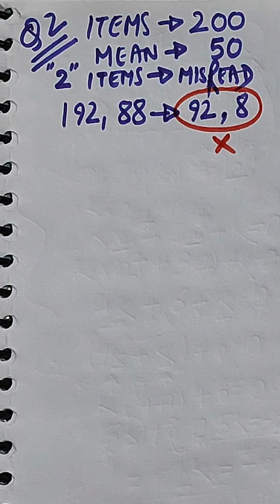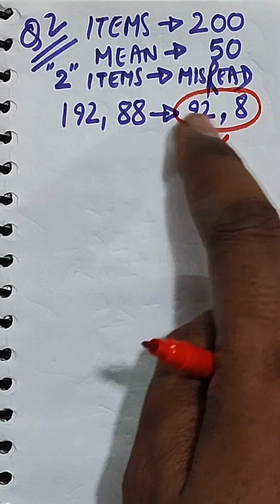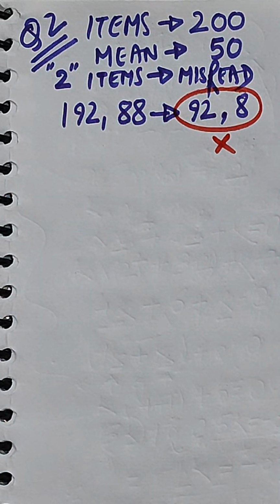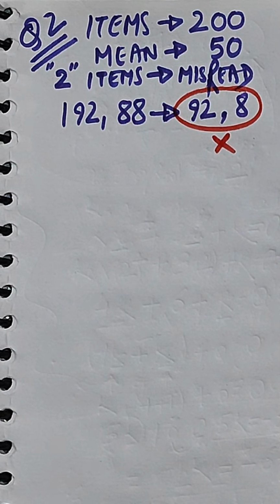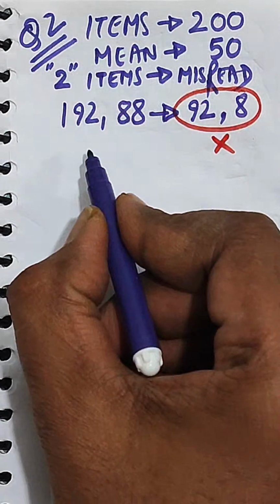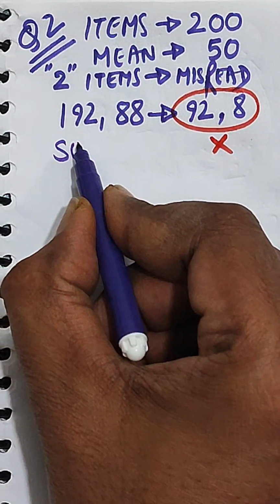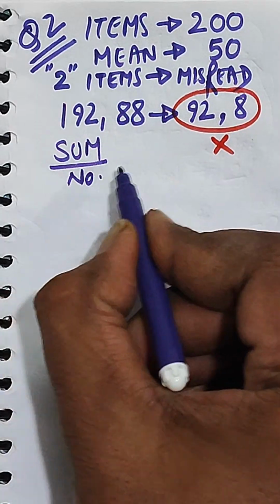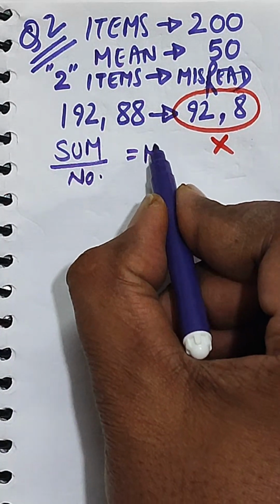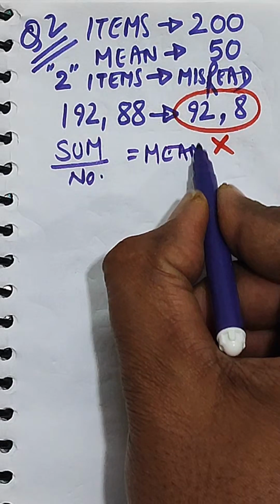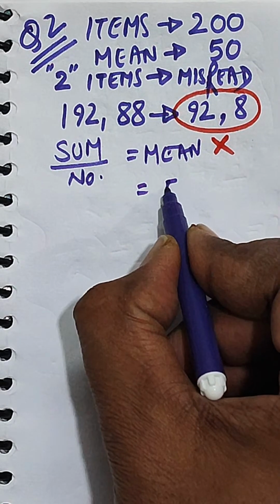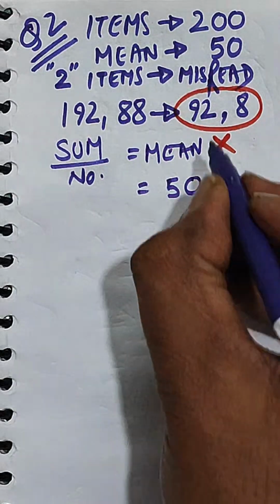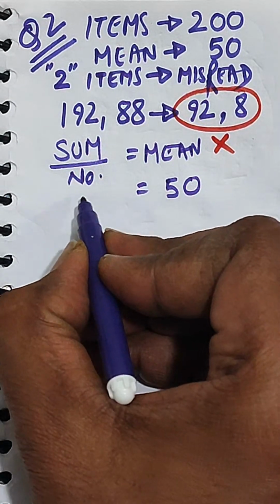Okay, so how to correct this, with this data to be removed and this data to be added? So what we will do, we will simply use the sum of observations by number of observations, right? So the sum of observations by the number of observations gives you the value of the mean, which is coming as 50, and total items in this is 200.